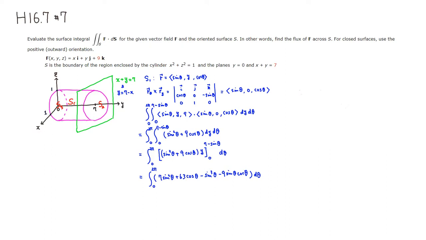The first thing I would do is some rewriting. Sine squared of theta is one half of 1 minus cosine of 2 theta, so it's going to be 7 over 2 times 1 minus cosine of 2 theta, plus 63 cosine of theta, which I like as it is, so I'm going to leave it there.